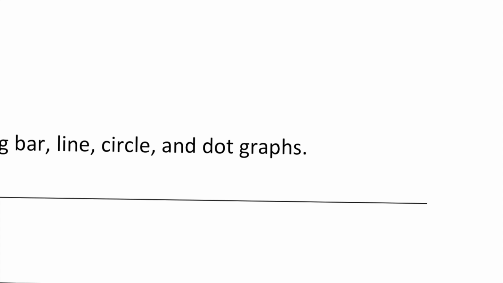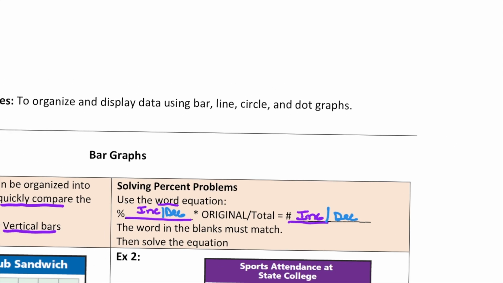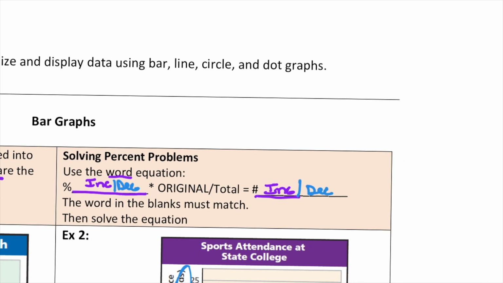So they didn't have 20 people attending a football game in 2001, they actually had 20,000. So now that we understand the graph a little bit better, this is one of those double bar graphs. In what year did State College have the greatest average attendance for basketball? So you want to check out the orange lines, and the orange lines are highest in 2003.